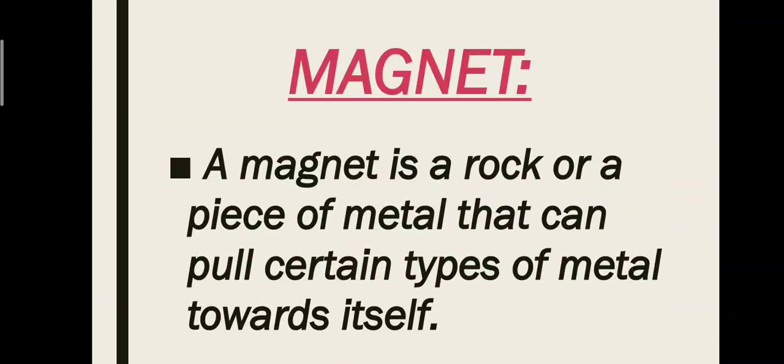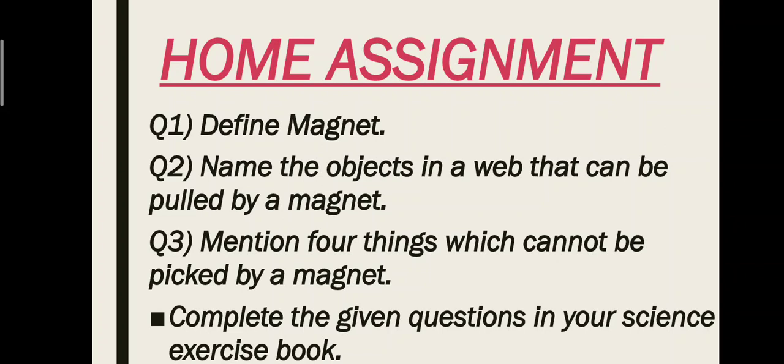Now you have to write down the first question with blue color along with today's date. The first question is define magnet. Write down the question with blue color, and then write down the definition of magnet, only 2 to 3 lines, which I have already shared with you in the first slide.